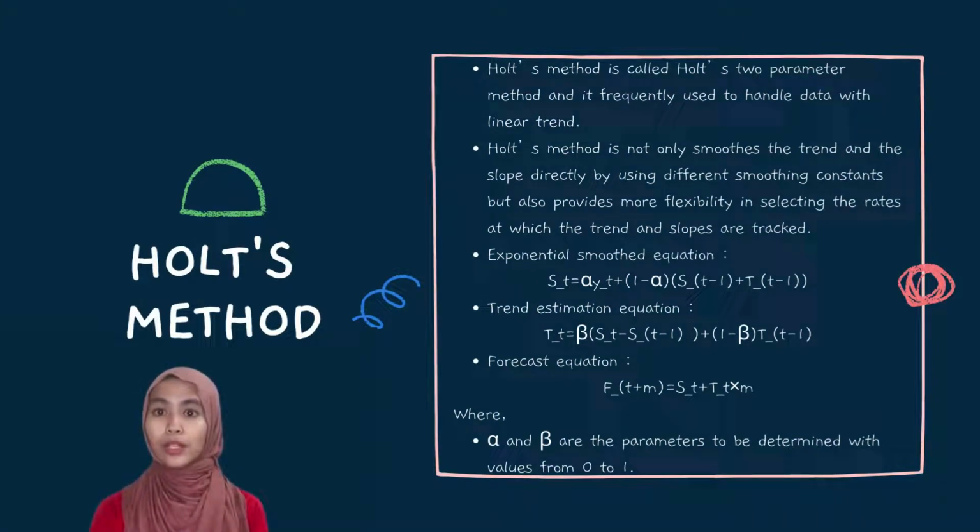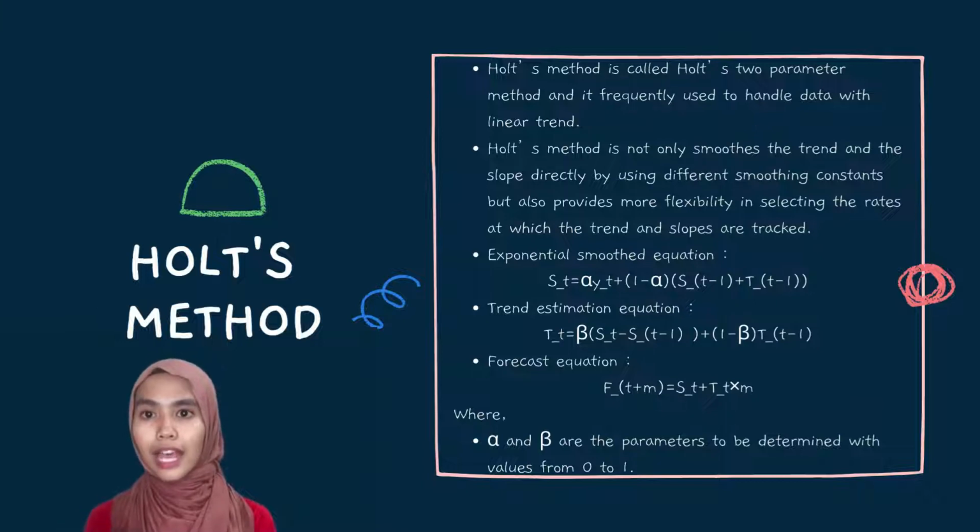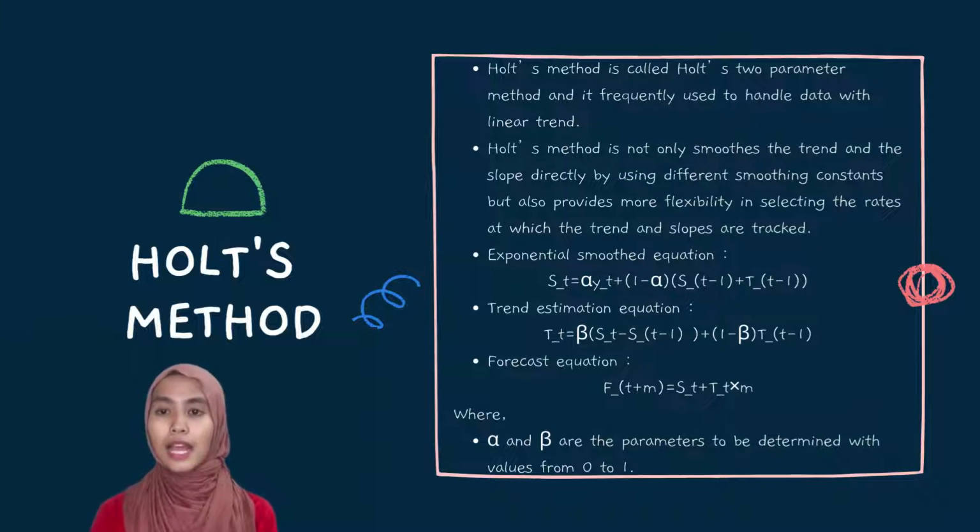Last but not least, the model that we choose is Holt's method, which we also call Holt's two-parameter method, and it is frequently used to handle data with a linear trend. It not only smooths the trend and slope directly, but it provides more flexibility in selecting the rate at which the trend and slope are tracked. The equation for exponential smoothing is St equals alpha Yt plus (1 minus alpha) multiplied by (S(t-1) plus T(t-1)).